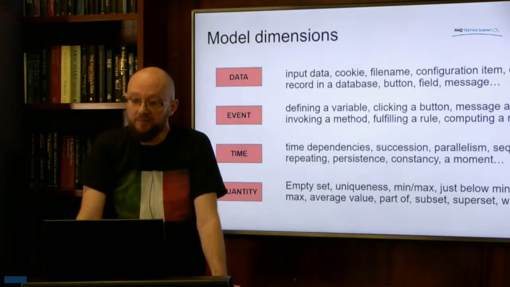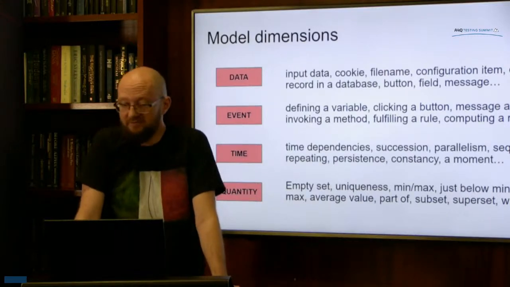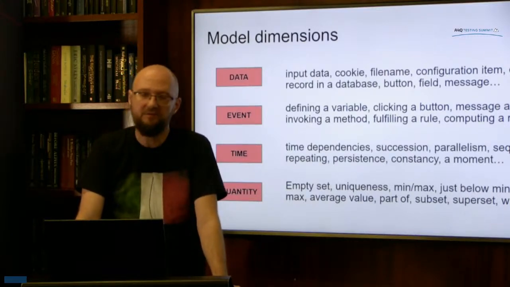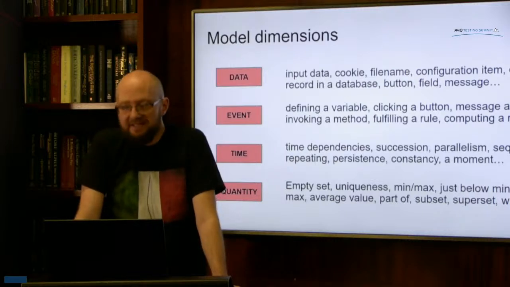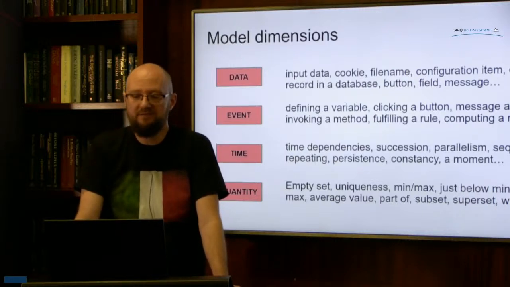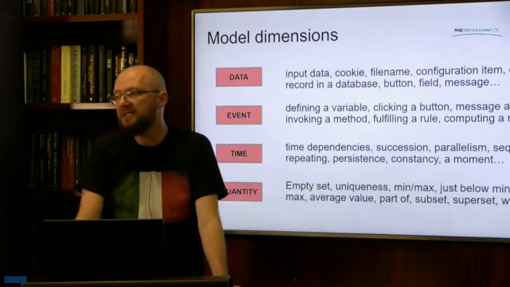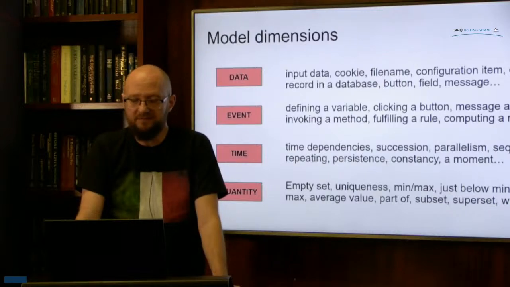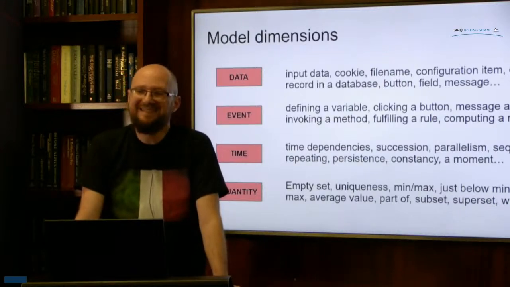It may be input data, it may be a cookie file, a file name, a configuration item, any kind of document, whatever, right? A button, a field, some element of the graphical user interface. These are things that we can consider data.